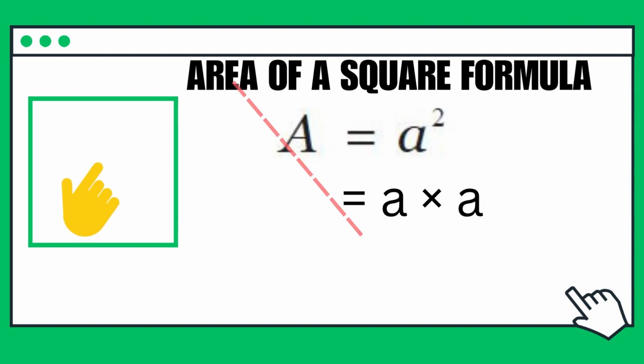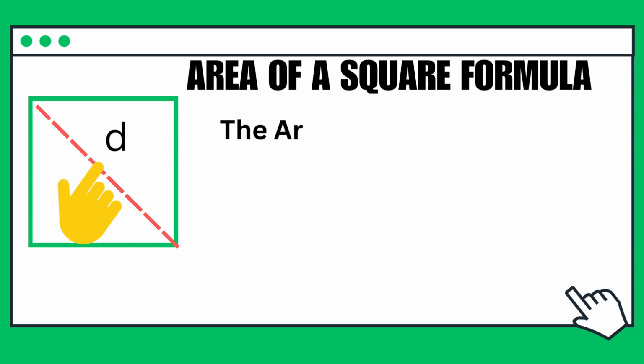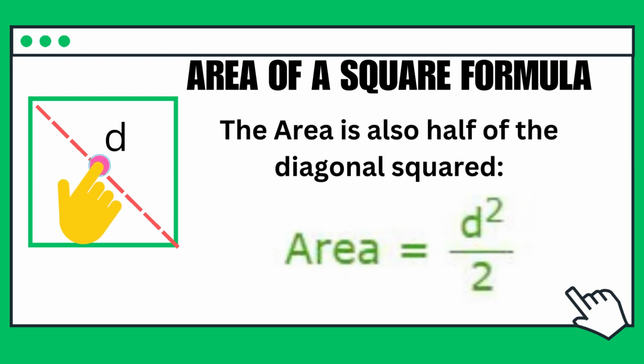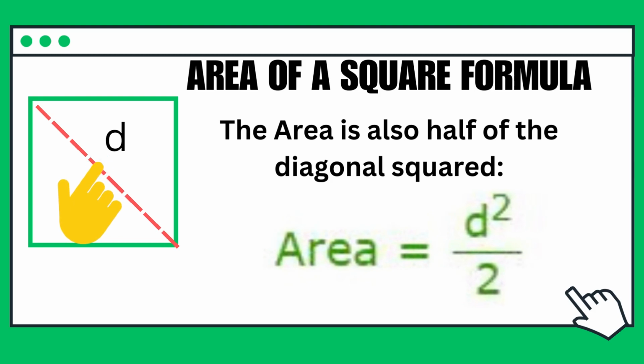And next, sabi nila, diagonal din. The area is also half of the diagonal squared. So, pwede rin, kung ang given ng problem ay diagonal, ang gagamitin naman nating formula ay area is equal to d squared divided by 2.